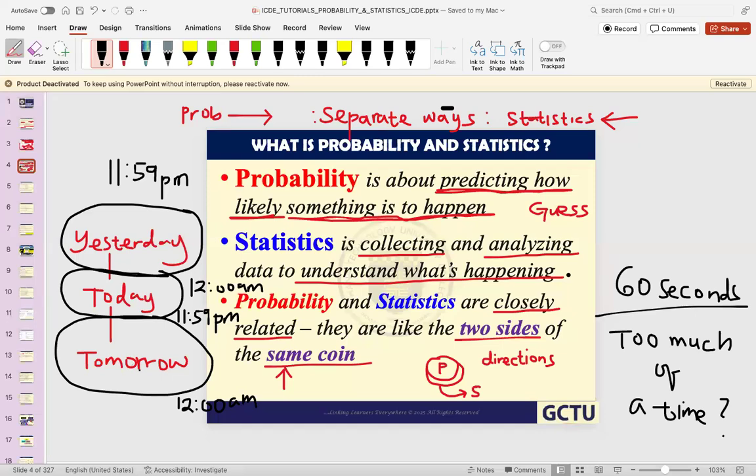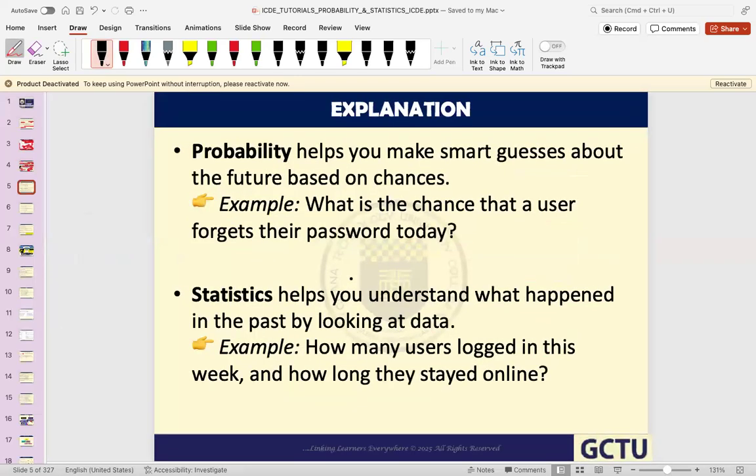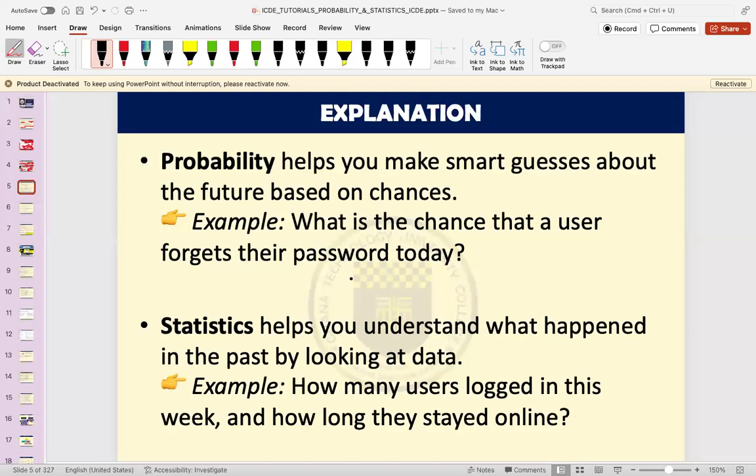Tomorrow will be at the other side of the coin. Meanwhile, the difference between them is just about 60 seconds, which is not too much of a time. With that understanding, we want to look at probability and statistics at a very close range with some examples.